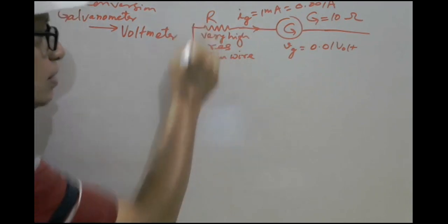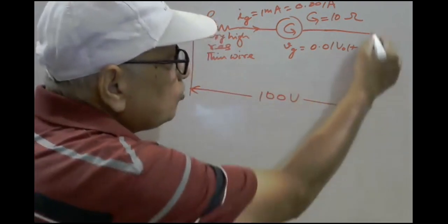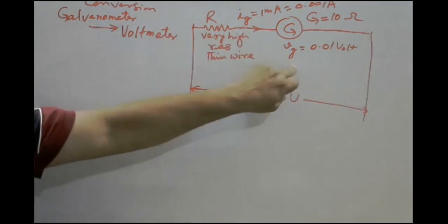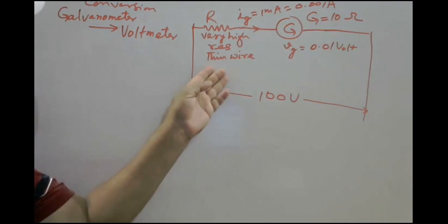How? Let us see. Suppose we are interested in measuring 100 volt with the same galvanometer, and across this galvanometer only 0.01 volt can be given at maximum. So the rest of the voltage must be dropped in the series high resistance.